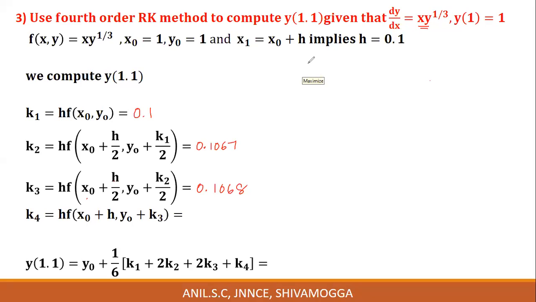Yes, that's right. And rest is very simple. We calculate y of x1 or 1.1, which is given by y naught plus 1 by 6 into k1 plus 2 k2 plus 2 k3 plus k4. We have all the four components k1 to k4 along with y naught. Make the substitution, simplify.